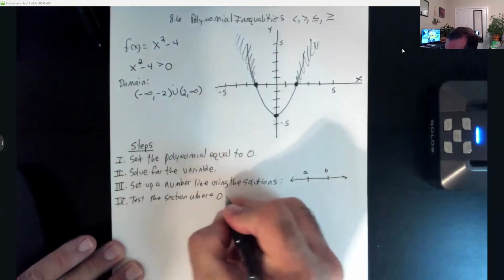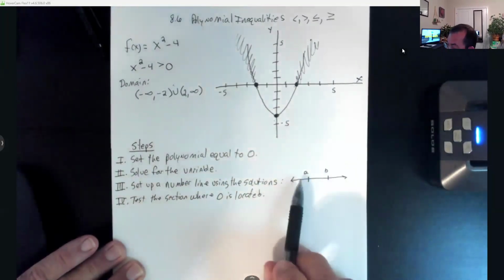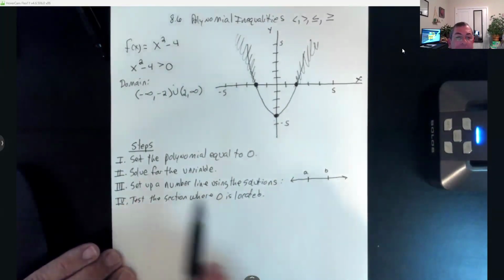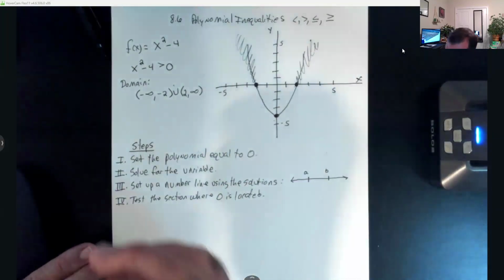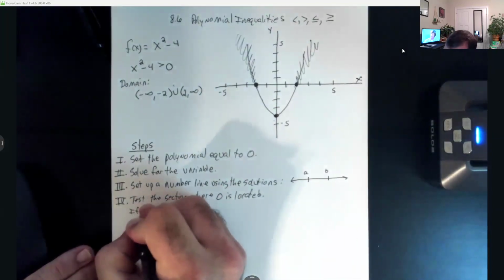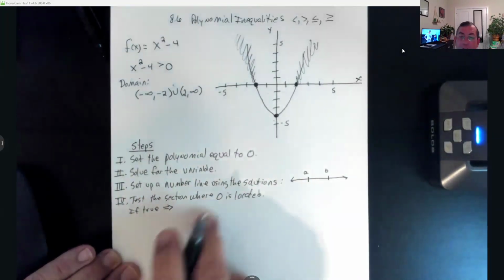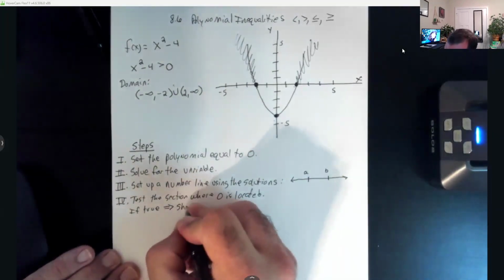So, we're going to set up a number line, and then I'm going to test the section where 0 is located. So whatever section 0 is in, I'm going to check that section out and see if I plug a 0 into my polynomial, whether it's true or false. If it's true, when I plug 0 in, then I'll shade that section.